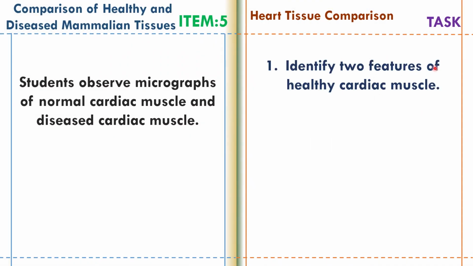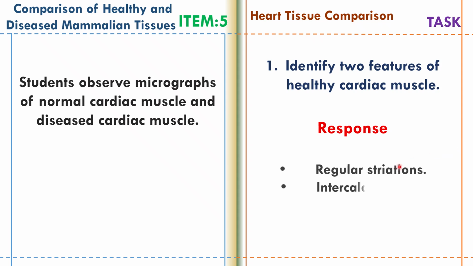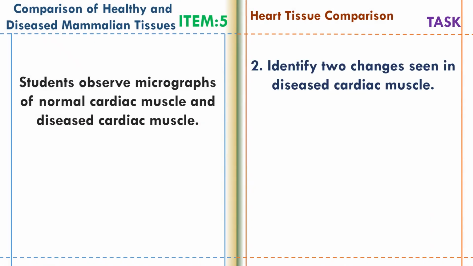Identify two features of healthy cardiac muscle. Regular striations, intercalated discs. Identify two changes seen in diseased cardiac muscle.